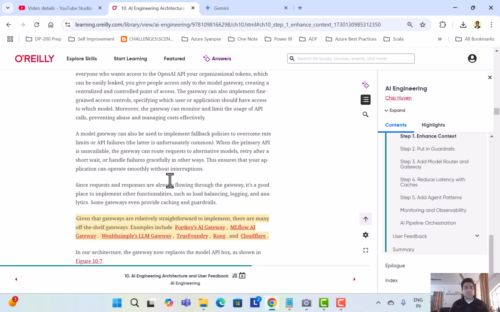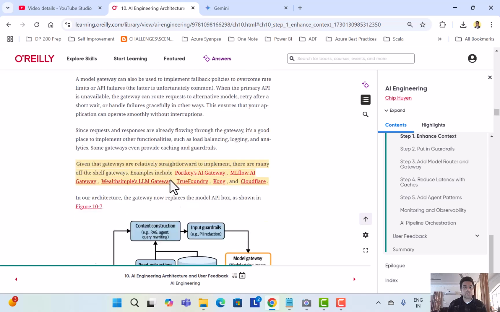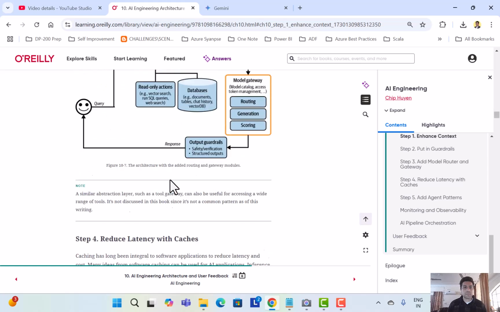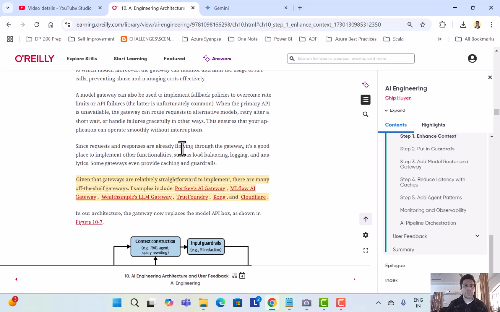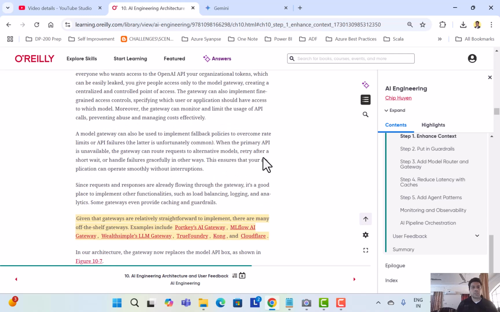A model gateway can also be used to implement fallback policies to overcome rate limits or API failures. When the primary API is unavailable, the gateway can route requests to alternative models, retry for a short while, or handle failures gracefully in other ways.